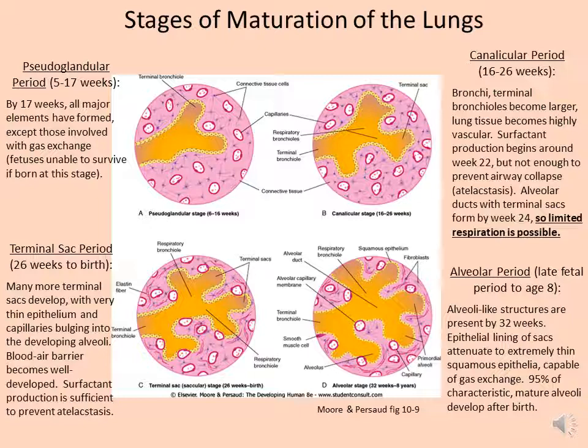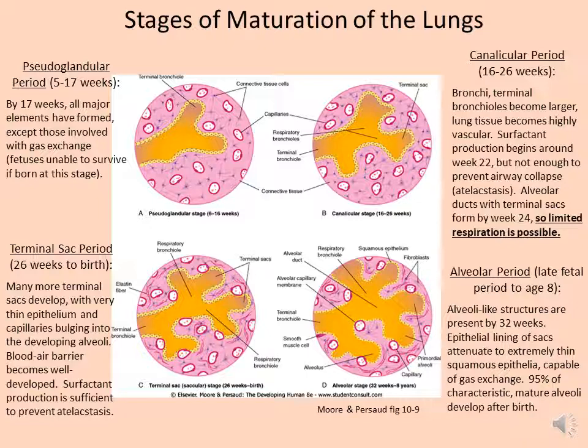So surfactant production begins during this period, and limited respiration is possible. If the fetus is born, then intensive care has to be given to the fetus for survival. Then we have the saccular stage, or the terminal sac period, which starts from 26 weeks and extends till birth.